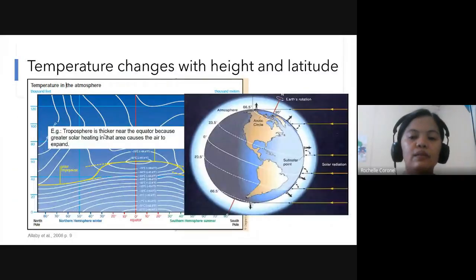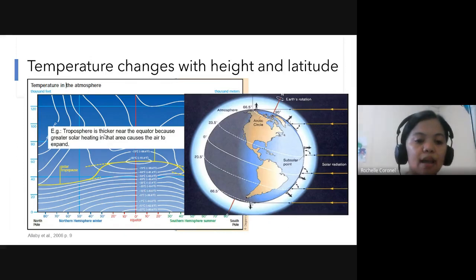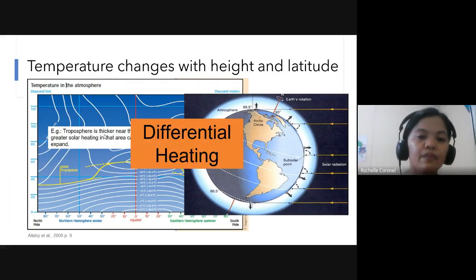Similarly, we also have a horizontal structure for temperature. Temperature changes with height and also with latitude. That's why in the equator we have a thicker troposphere as compared to the South Pole and North Pole, because the heating, or the insolation, in the equator is much higher than that in higher latitudes.